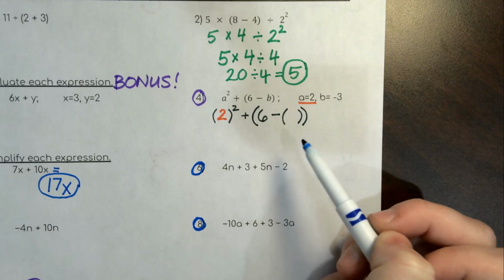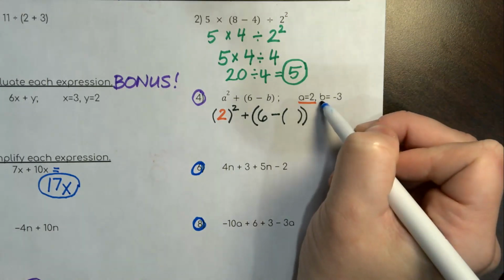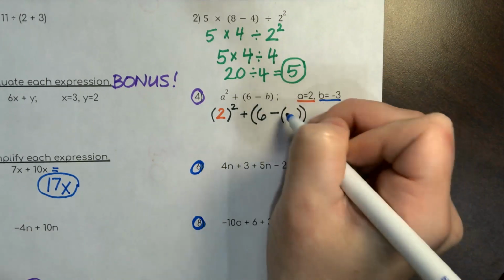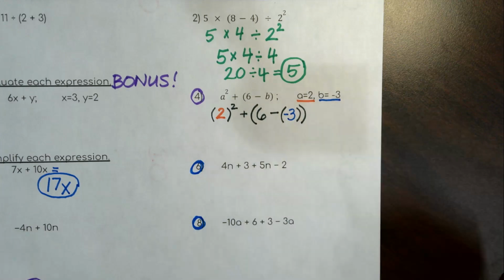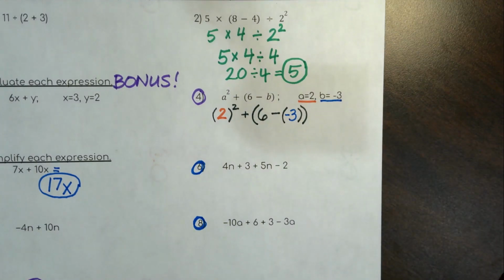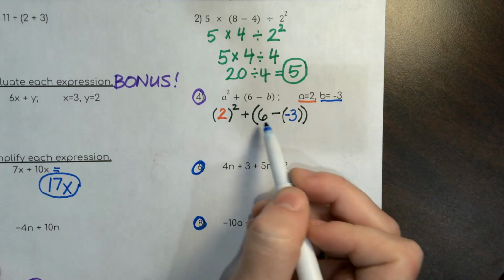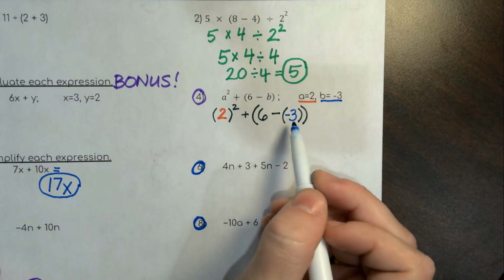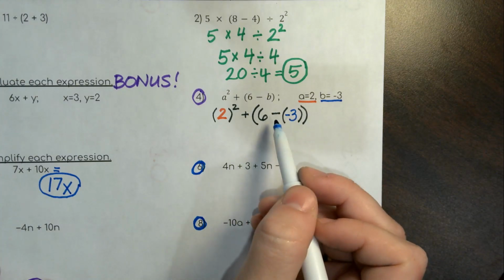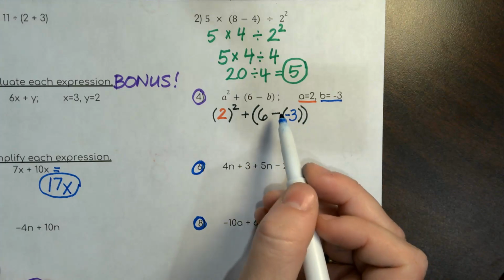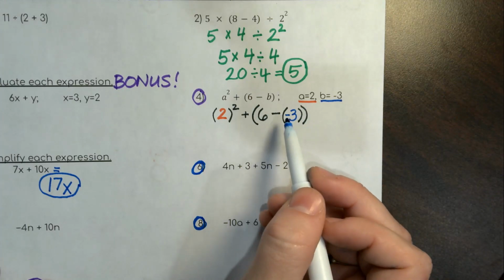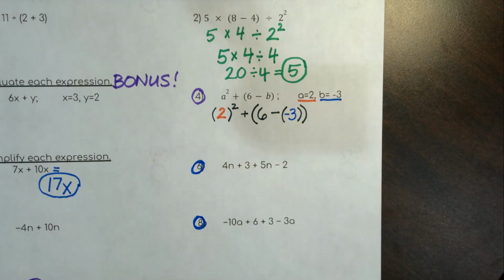What's b? -3. So I'm going to put -3 in my parentheses there. So now I have 2 squared plus 6 minus -3. So we got to really pay attention to our signs here. 6 minus -3. Now we have our problem written out.